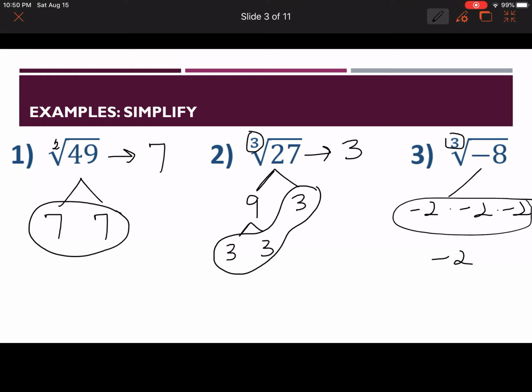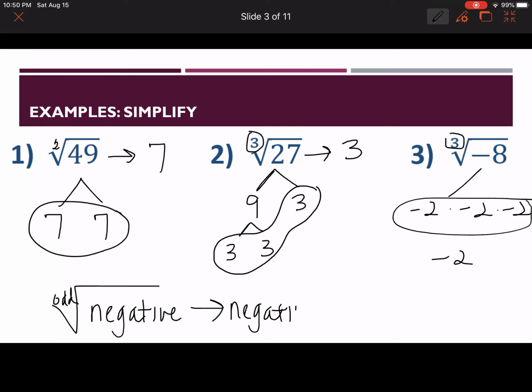One thing to keep in mind as we're simplifying radicals, if this index is odd and you have a negative number, that means that I'm looking for a negative answer. So I knew that it was a negative 2 and not a positive 2.